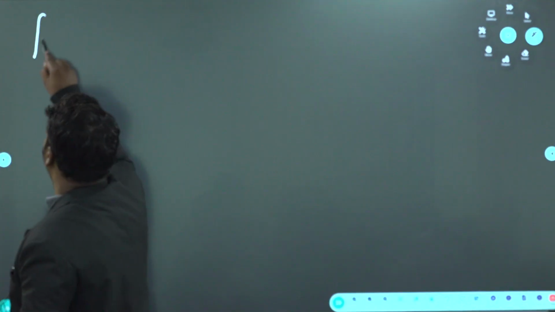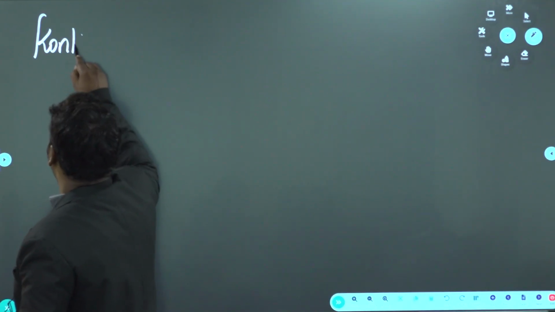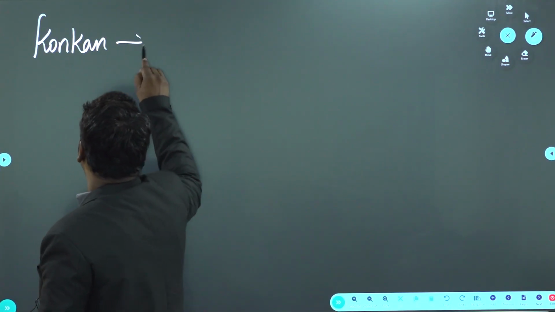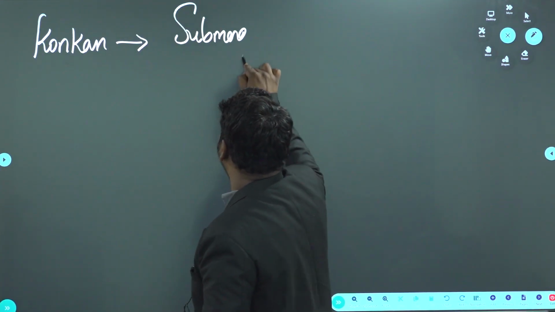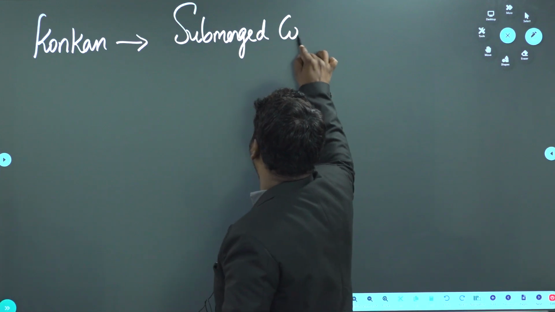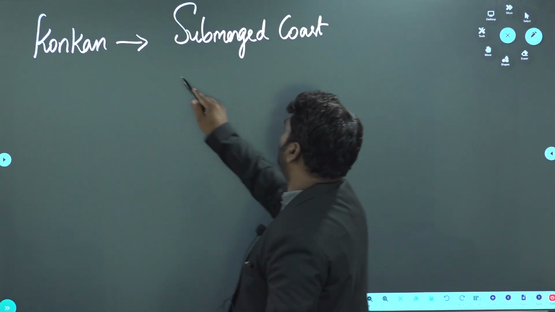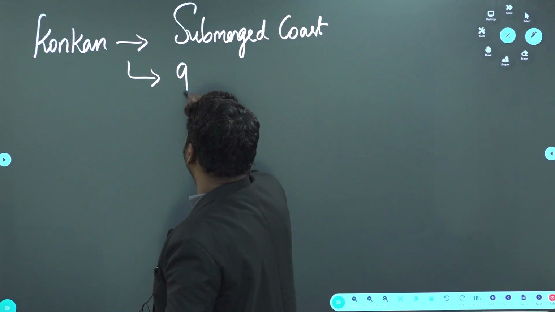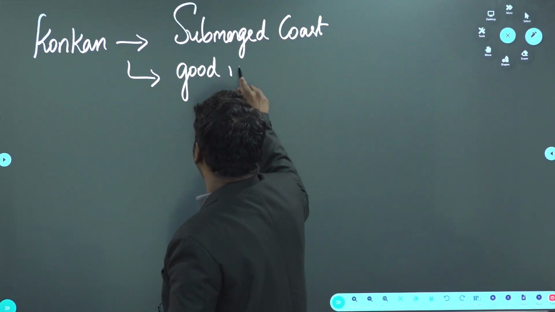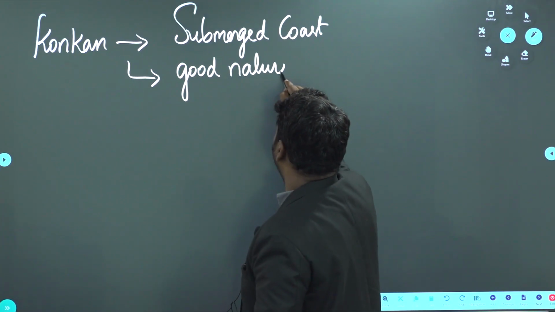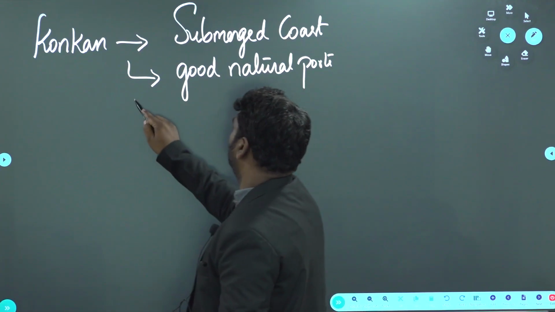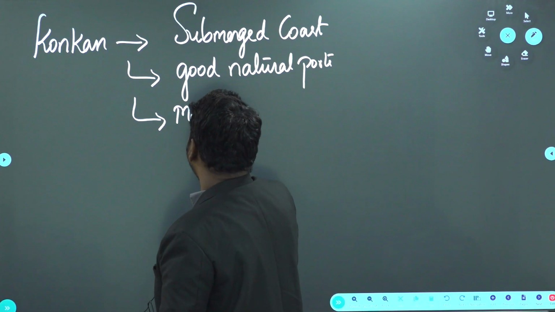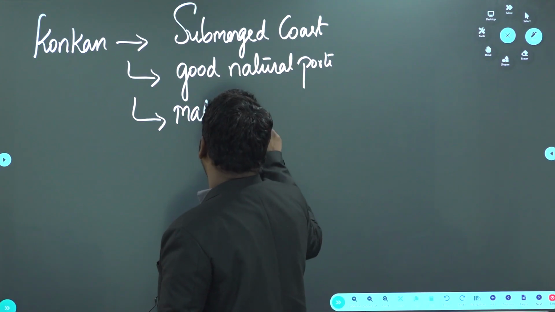Konkan is the only submerged coast of India. And it has some of the good natural ports. It includes Maharashtra and Goa.